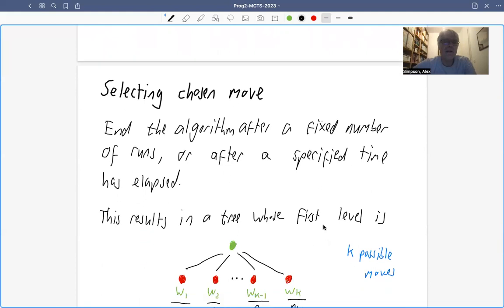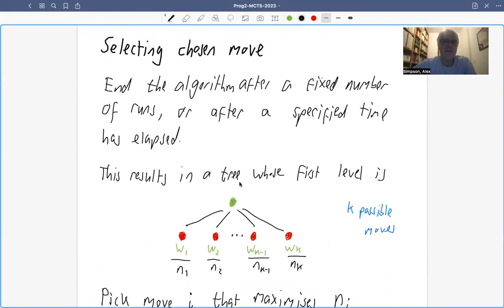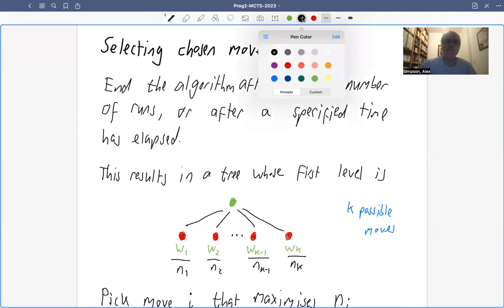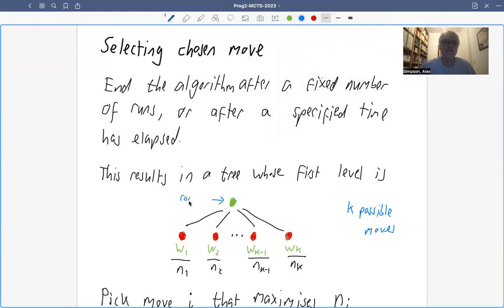Well, you look at the results in the first level of the tree. Maybe I should write that down. This is the root of the tree, the current move that we want to play, the position we started constructing the tree from.